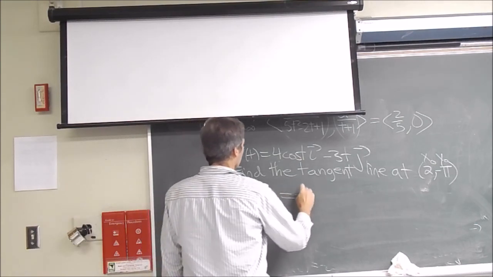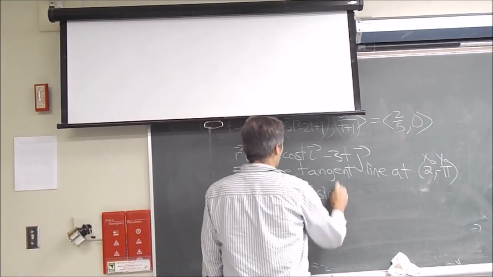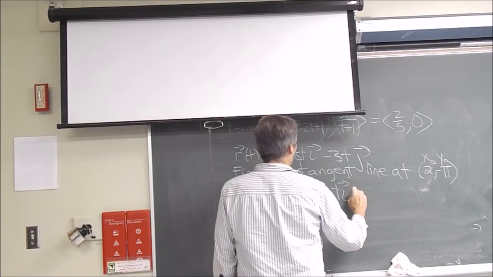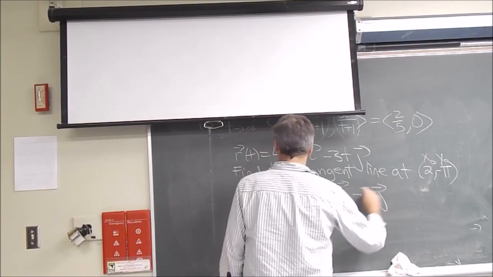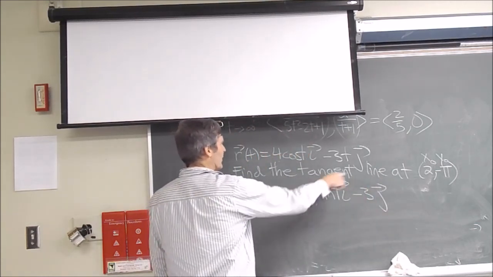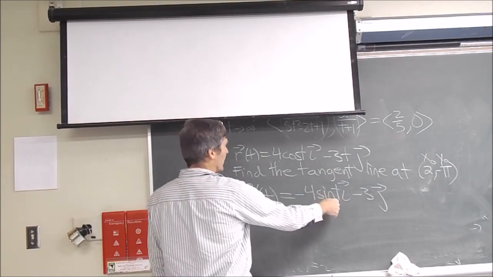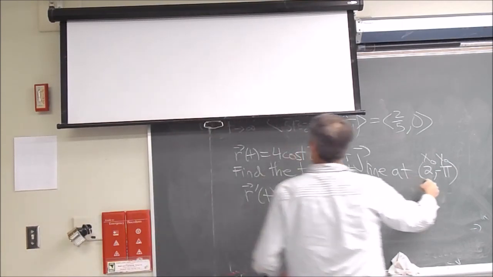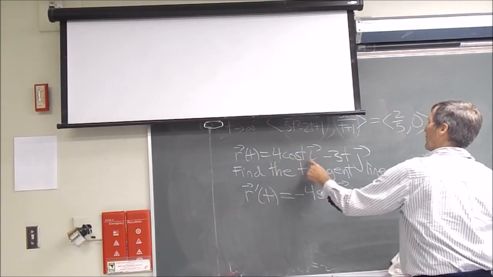So r prime is minus 4 sine t i minus 3j. And we want it to be tangent at this point 2, minus pi. We'll have to plug in t. What is t at this point?